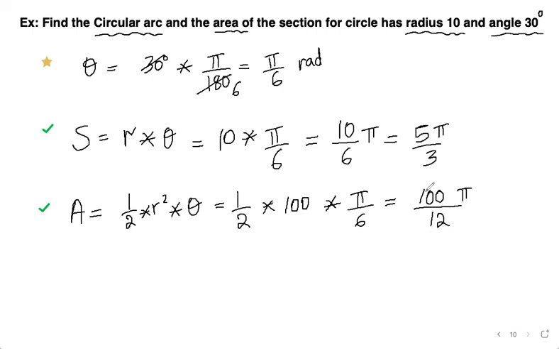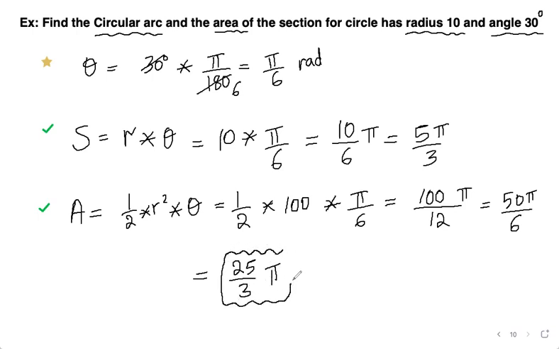I can simplify it by dividing both sides by 2. I will get 50 pi over 6. If I divide both sides by 2 again, I will get 25 pi over 3. And this is my final answer for this question. Thank you, Bilal. This is correct, 25 pi over 3.